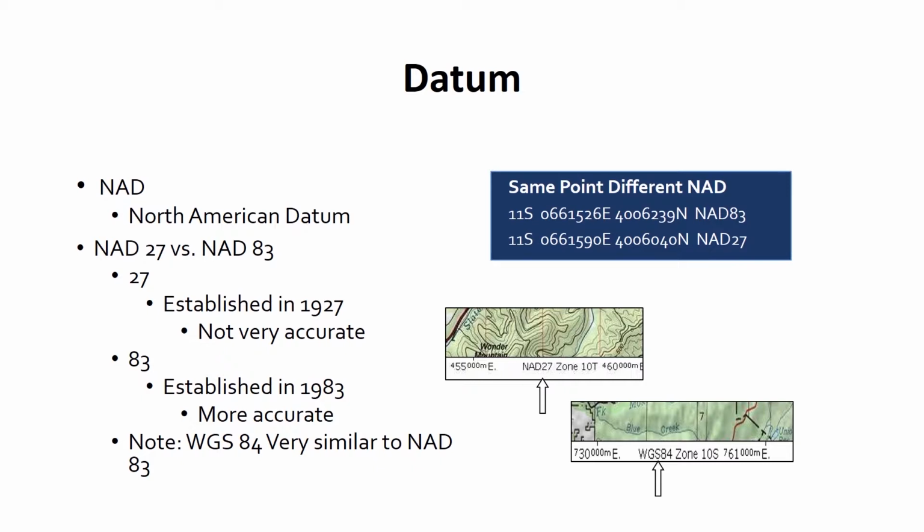Now, a lot of cell phones and other devices use what's called WGS 84. That was recorded in 1984, and it's very similar to North American Datum 83. So when your map or your GPS has WGS 84 or NAD 83, they're very, very similar.